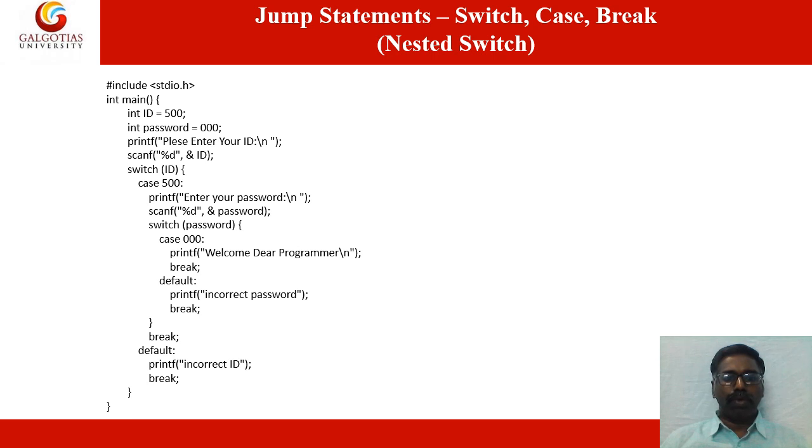Now go through the program. Now the user is going to enter some ID, and then switch of ID is going to verify for every case here. Here one case is given, case 500, and then if the case is correct, then we go for asking the user to enter the password.